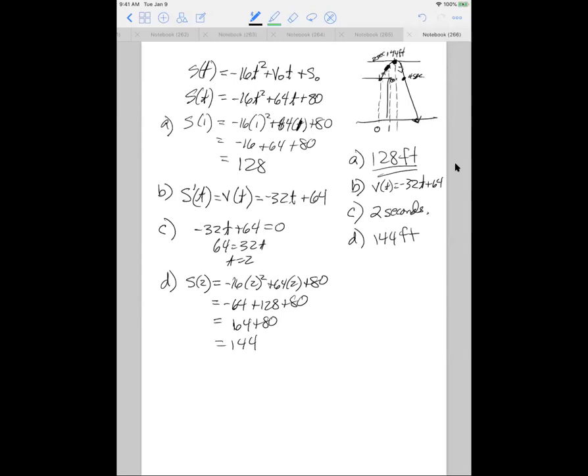Now, the last question is, when does it hit the ground? And that is when S of t, the distance above the ground, is equal to 0. So that means S of t equals 0. So we've got the original function equal to 0, which will tell us the value of t when it is actually 0.